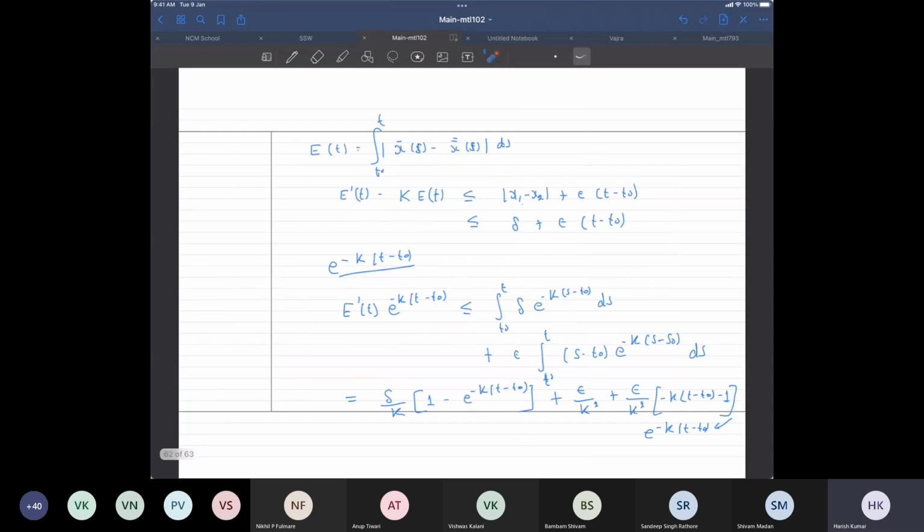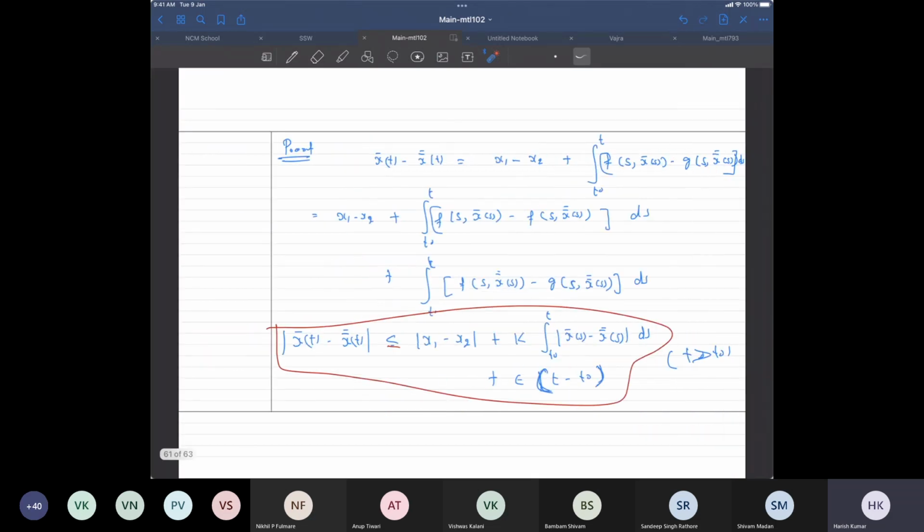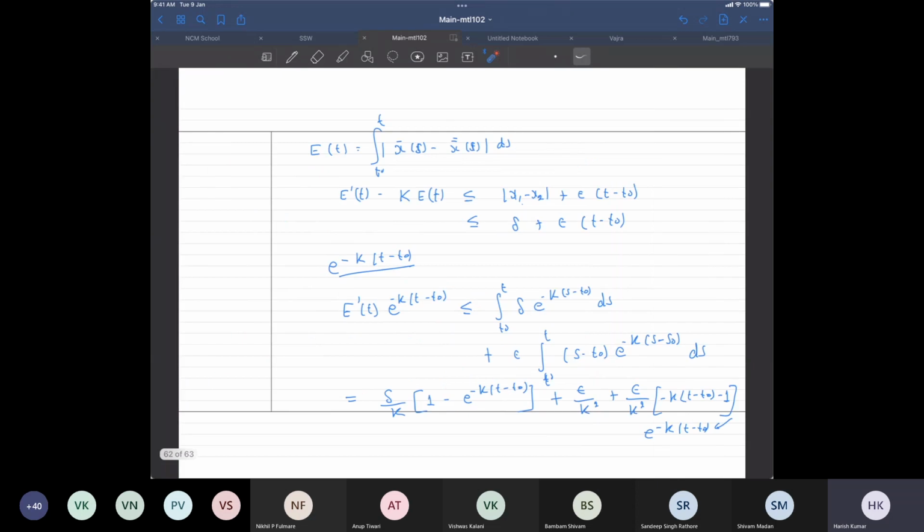Then we were trying to prove our estimate. So we defined something called E of t, which is basically the integral of the difference between the solutions from t naught to t. And then we observed that this relation was nothing but this relation. Then you got this.